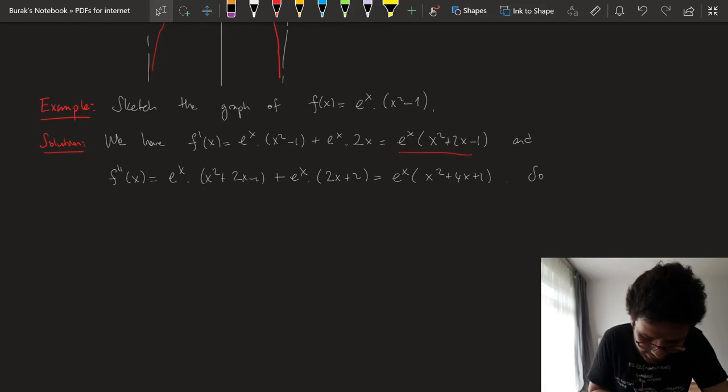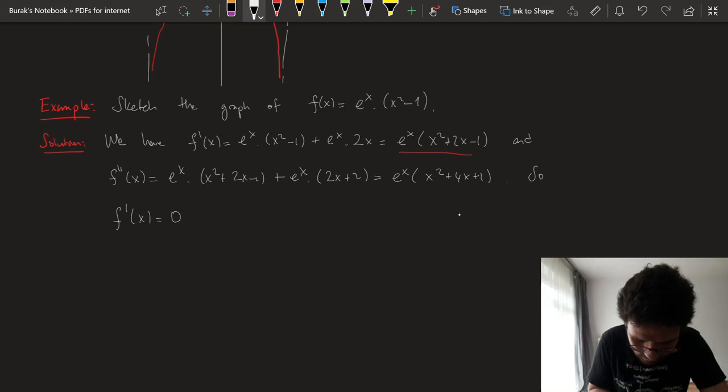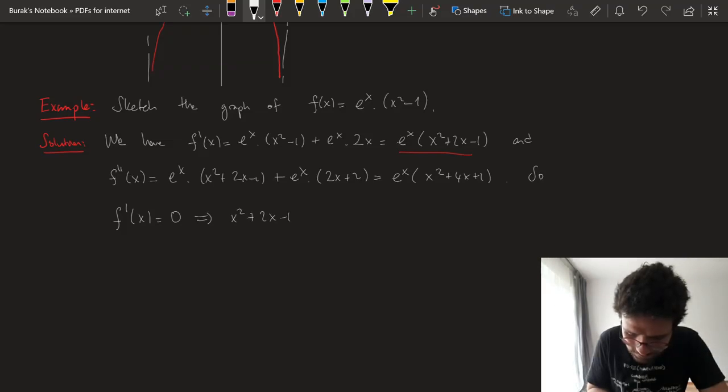So if I set the first derivative of f equal to 0, e to the power x is never 0, so x squared plus 2x minus 1 is 0.